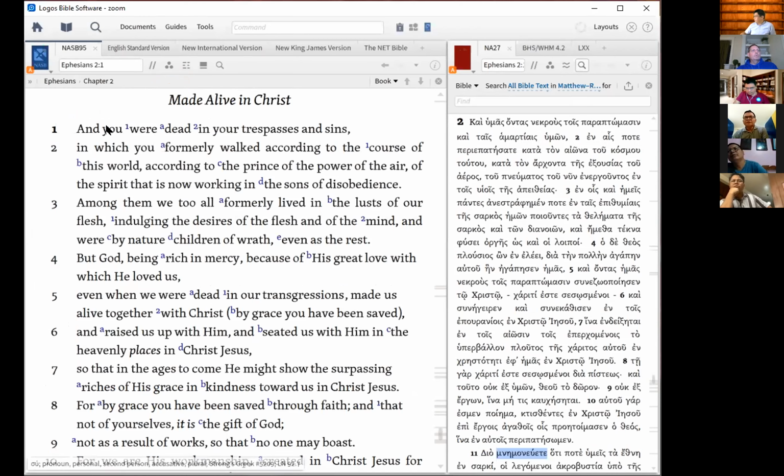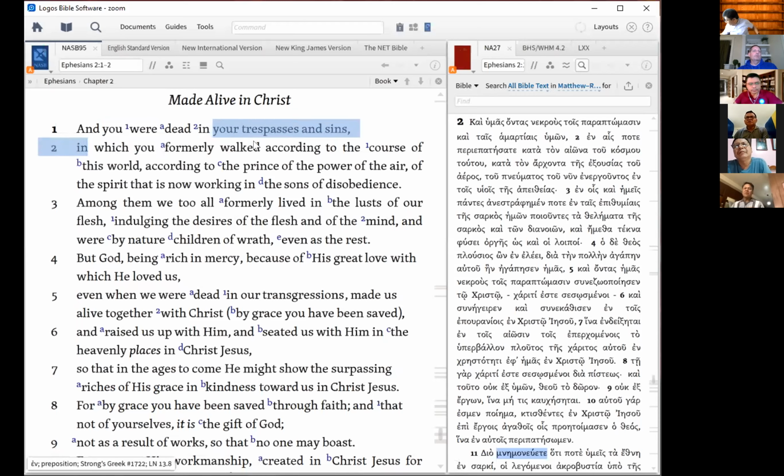You were dead in your trespasses and sins. That's a main sentence, a main thought. You, subject, were, verb, dead, predicate adjective. You were dead. And then, in your trespasses and sins, how you were dead.